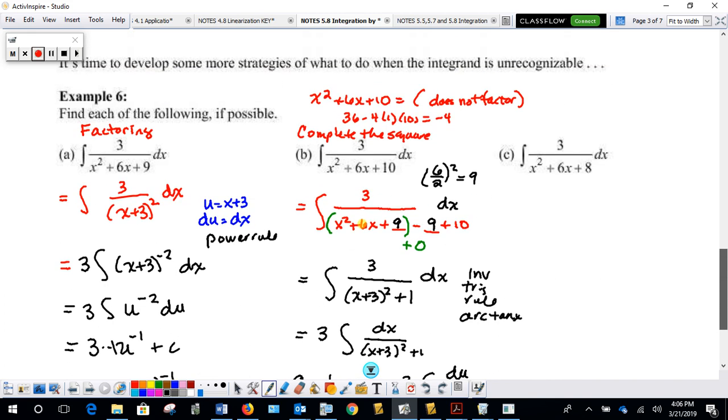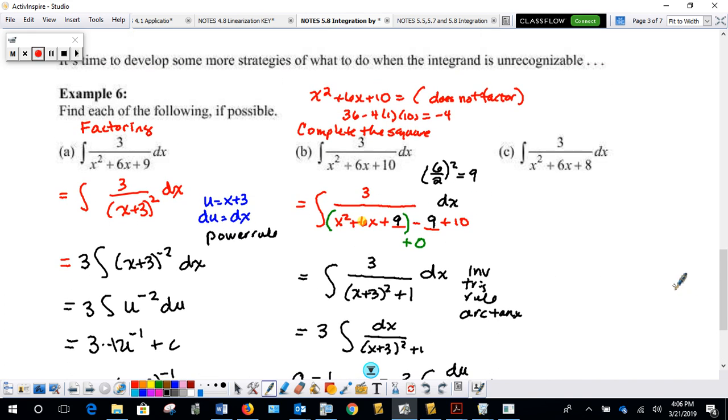So that's completing the square. All right, let's take a look at C and see what we can do for C. Now, this one did not factor. If I work with this one, you may be tempted to think, oh, I can factor it. That's what I'm going to do. x squared plus 6x plus 8 factors to (x plus 2)(x plus 4).